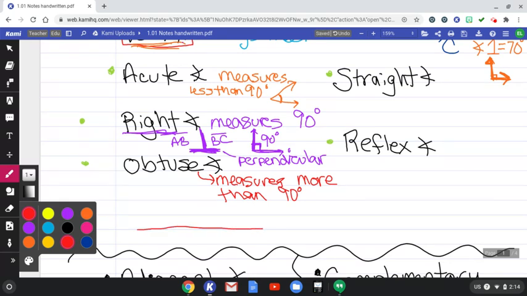So if I draw a straight line left to right here, okay, that, if we kind of put a little dot in the middle and name it A, B, C, okay, that actually is our next word, a straight angle. But if I start at B and I kind of draw a ray from there, I'm going to call it BD. What I've done is I've taken this straight angle and broken it into 2 angles.